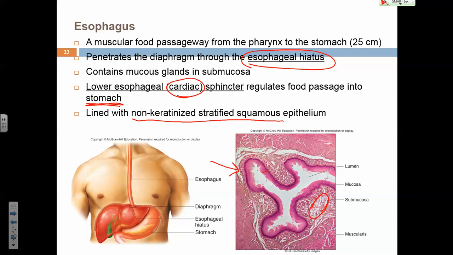But if acids from the stomach move up through it into the esophagus, you have a condition called heartburn. People who have acid reflux, their cardiac sphincter is relaxed too much. And so acids from the stomach can get up and can literally eat away at the mucosa of the esophagus, and over time can cause serious damage.